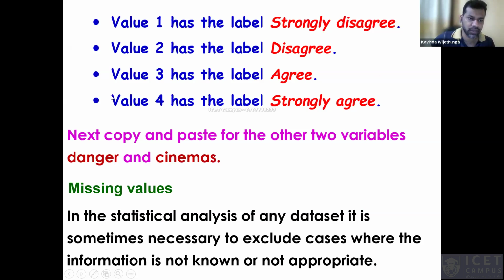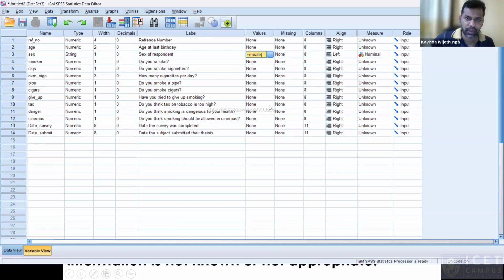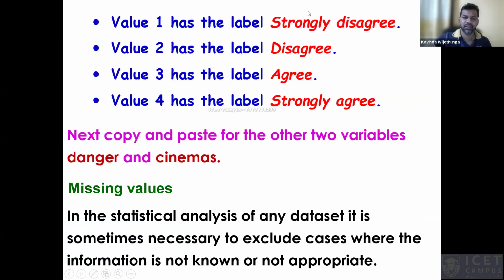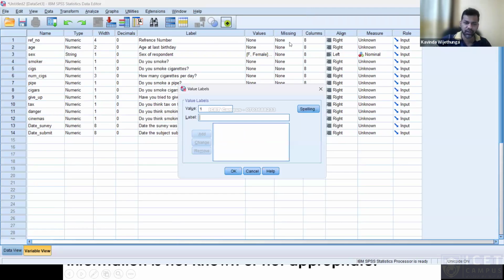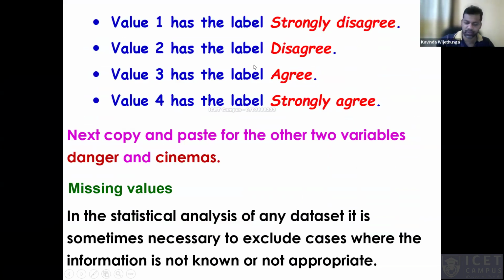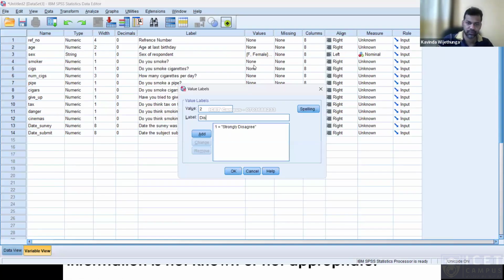We'll add the values. One for strongly disagree, two for disagree, three for agree, four for strongly agree.